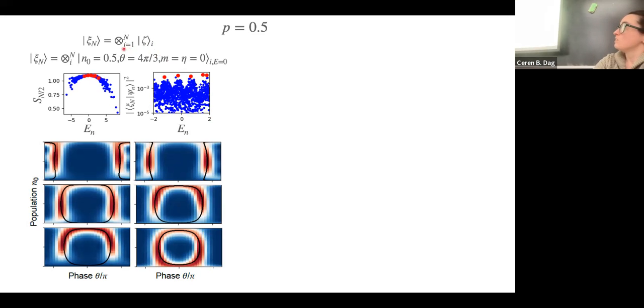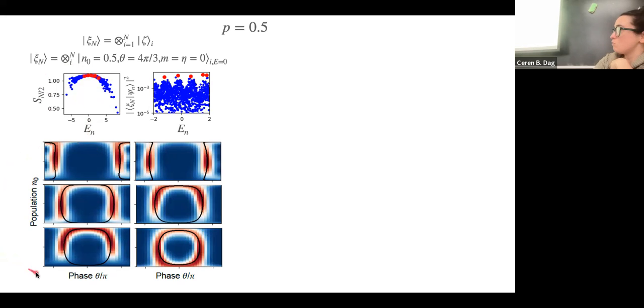So these are basically product states, and we look at the bipartite entanglement entropy. Because we have a chain, we can talk about the bipartite entanglement entropy, and we see the usual arc. We also confirm that these states are actually volume law scaling states.